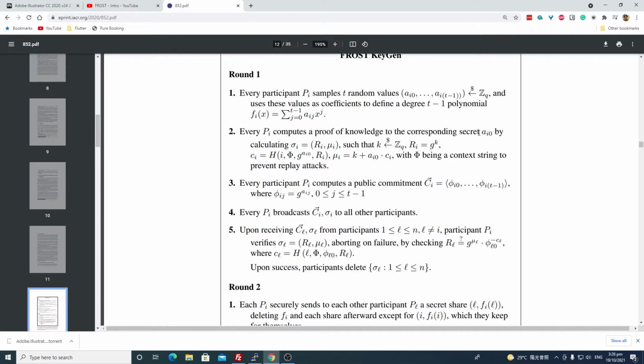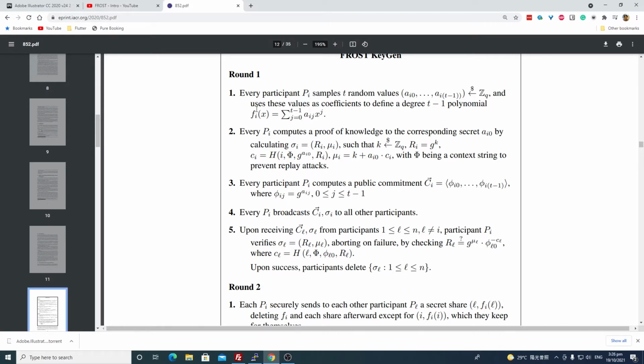Okay, so you calculate Ri and mu i, such that k is picked at random. K is picked at random? Where's k?